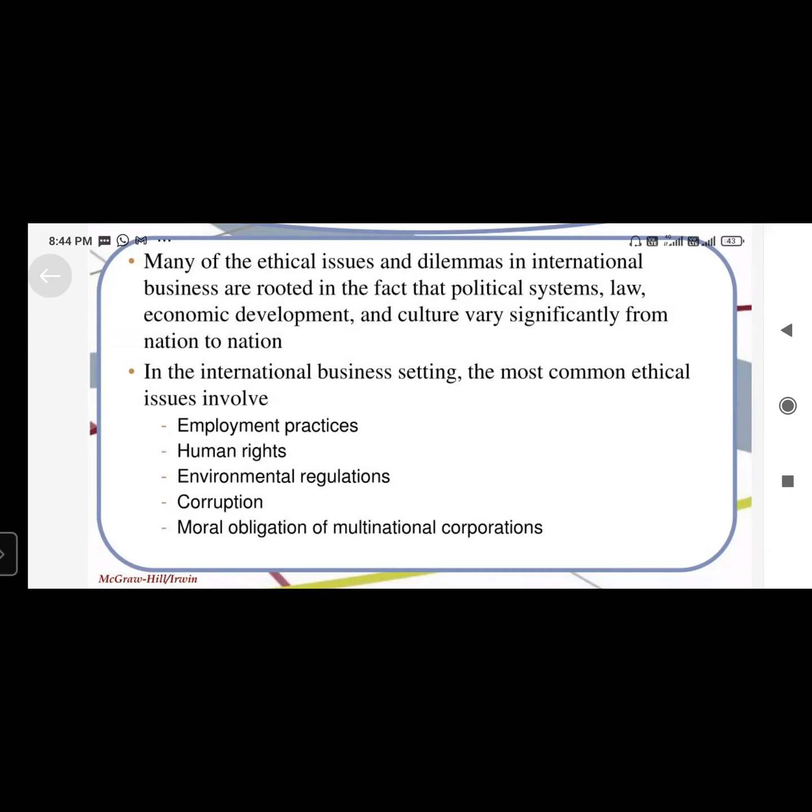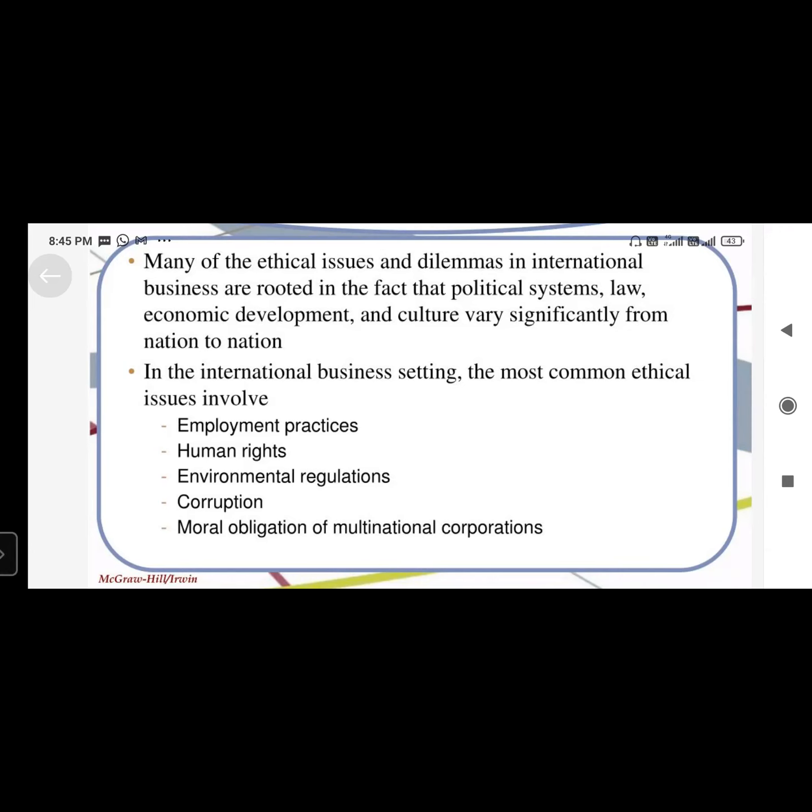So generally, the most ethical issues, जहां पर ethical problems होते हैं international business में, तो वो 5 issues हैं. First one is employment practices. Second one is human rights. So first one is employment practices.